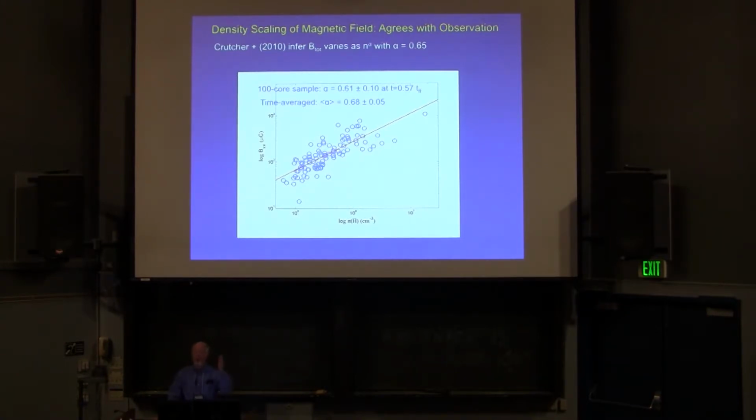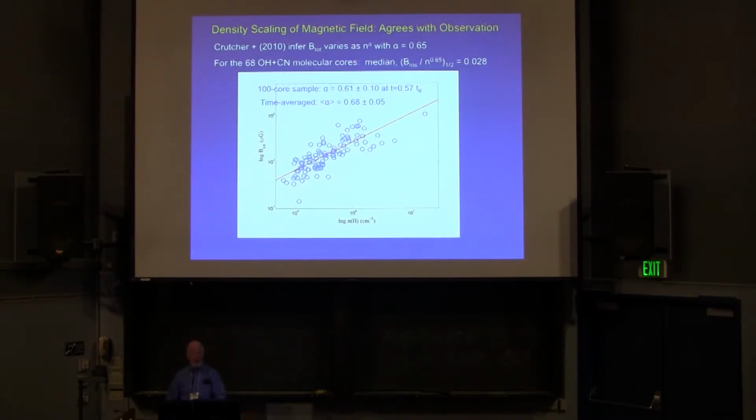If we average the different times that we looked at the data, then in fact we get 0.68 plus or minus 0.05, so that's even somewhat more accurate and again is consistent with observation. So I think that is a very striking confirmation of the fact that we seem to be on the right track in simulating the data.